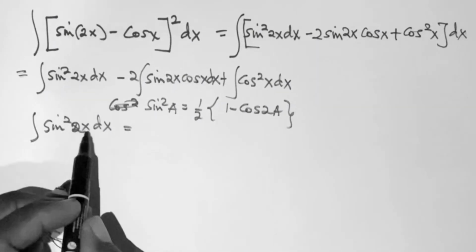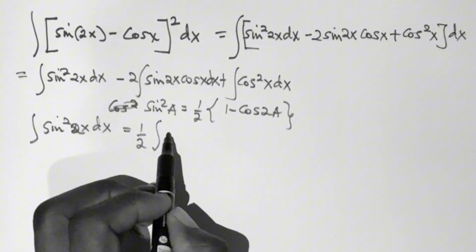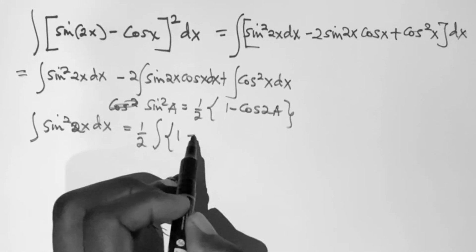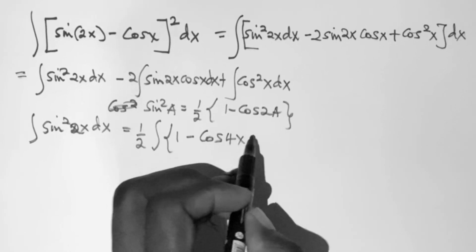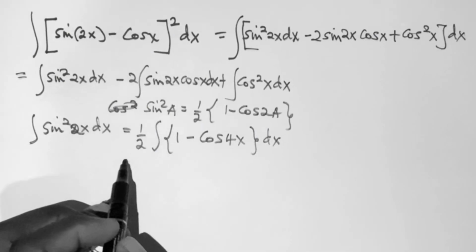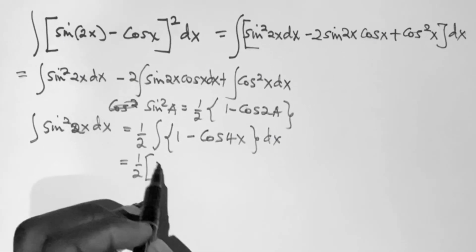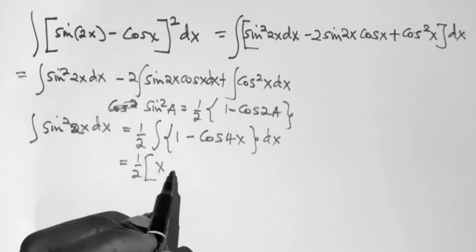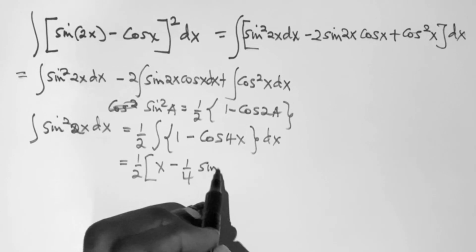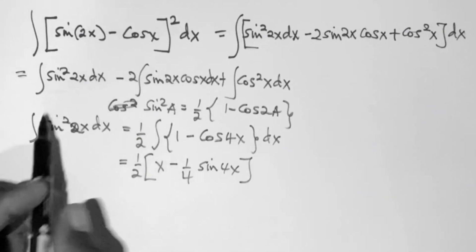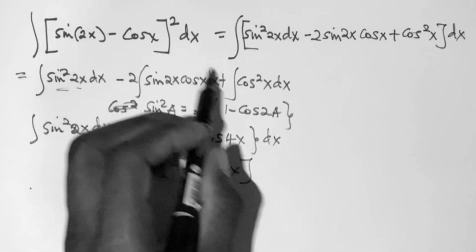So this can be expressed as half the integral of 1 minus cos, the 2a becomes 2 times 2x, which is 4x, dx. This is equal to half, if you integrate 1 it is x, then if you integrate minus cos 4x it becomes minus 1 over 4 sine 4x. So we are done with this part. Let's do the next part, then we will later do this one.